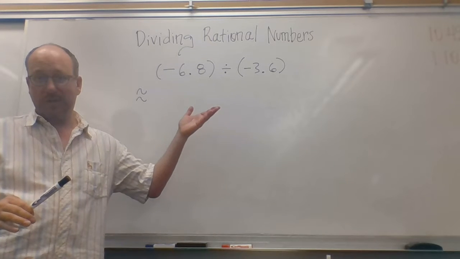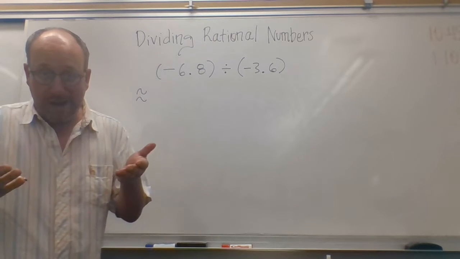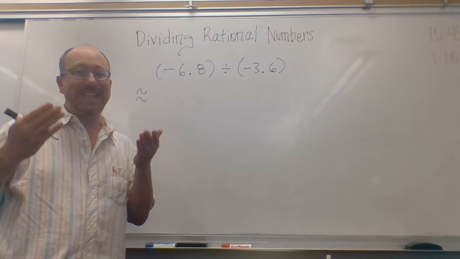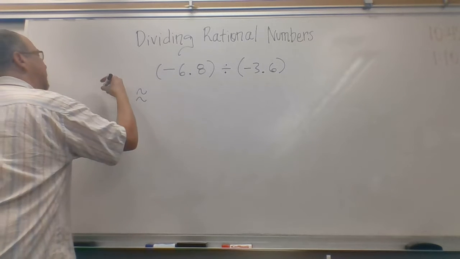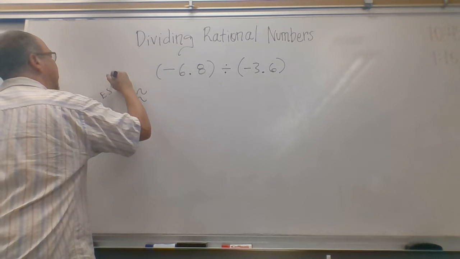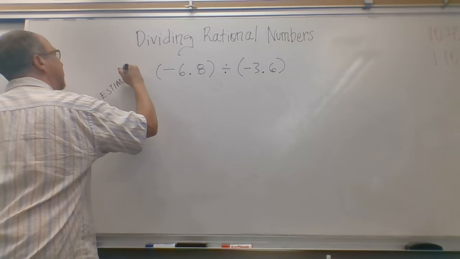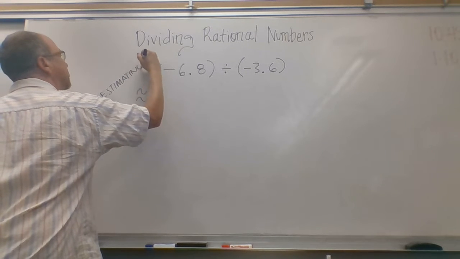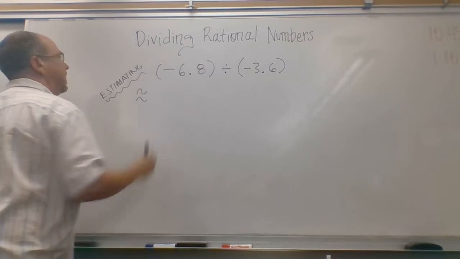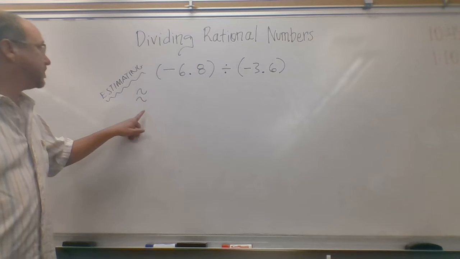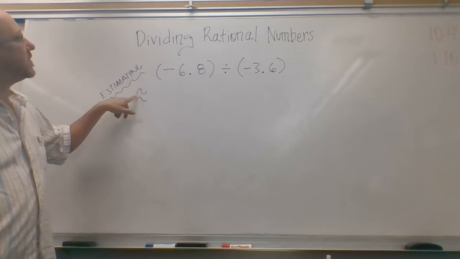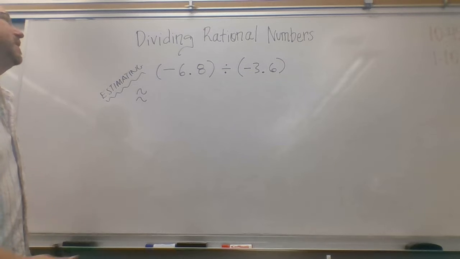So here's a problem. Take some time with pencil and paper. I'm going to emphasize again the importance of estimating, especially with a type of problem like this where there's lots of room to make an error. The squiggly equal sign means approximately.